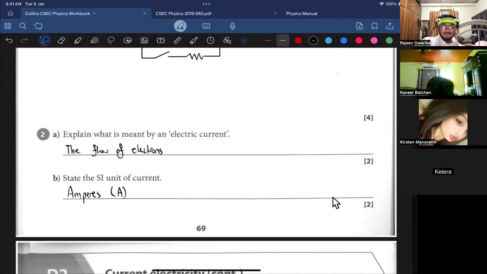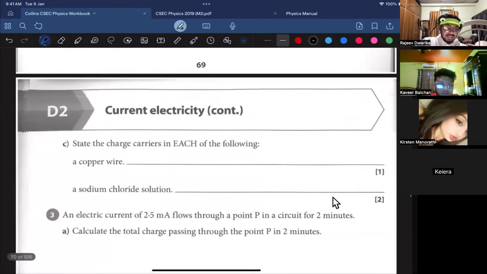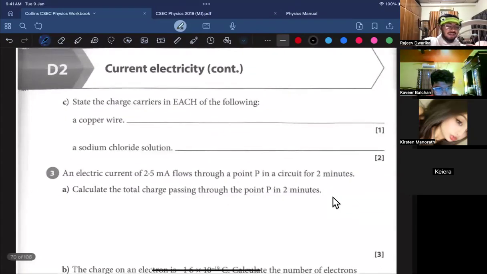So amperes, A. State the charge carriers in each of the following: a copper wire and a sodium chloride solution. I don't think you're going to know this one, but you should know the first one. Metals have what in them?